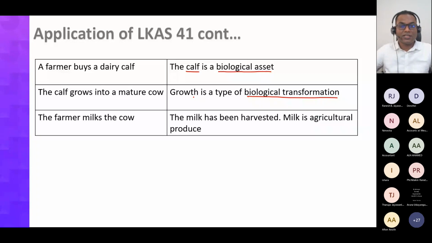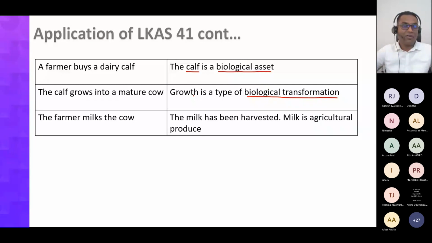That is also biological transformation. Then degeneration, that means cow is old and become unproductive. So biological transformation can be a growth, a production, a procreation, or a degeneration that cause a qualitative or quantitative change in the entity's biological asset.